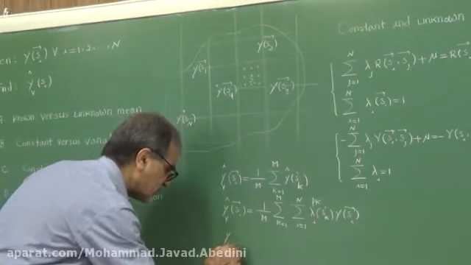This will become m, lowercase letter. And because this m has nothing to do with the index of summation, you can bring it outside. Then you have summation from 1 to m of 1, which will become m. That m will cancel out with that m, and it will become minus m. You can factor out this m.